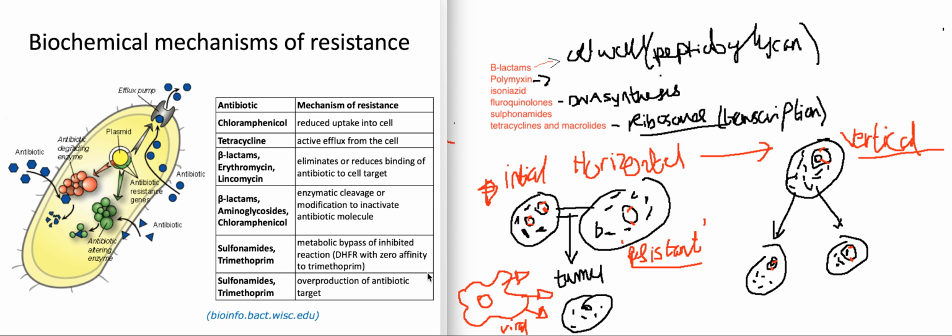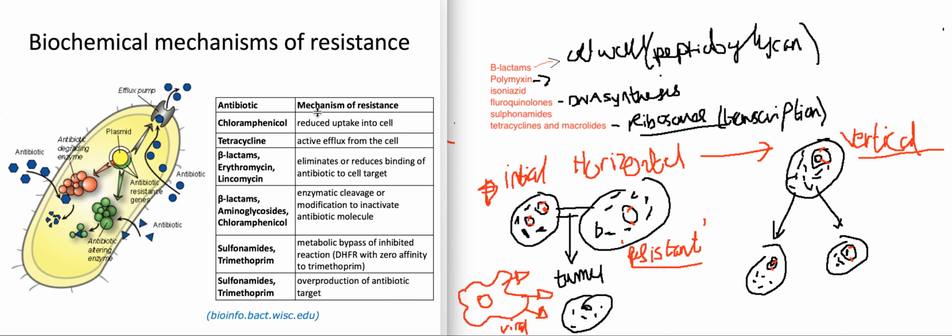So this is basically a table which shows all the different examples. You can see chloramphenicol. You know that chloramphenicol inhibits transpeptidation, with reduced uptake into the cell. The process is that it has very high efflux proteins, therefore they decrease the uptake of these antibiotics. Tetracyclines are involved in blocking initiation.